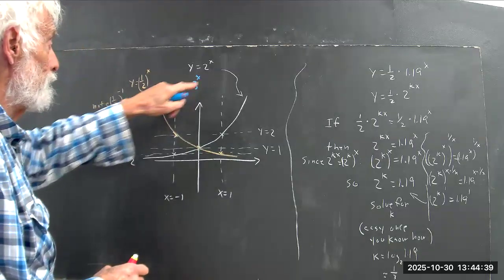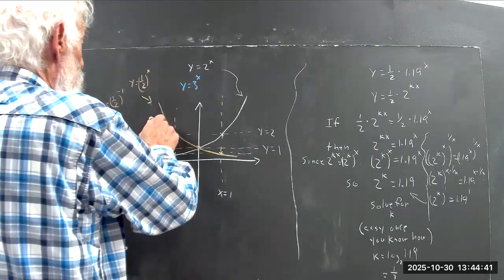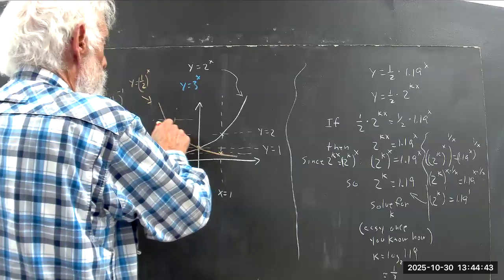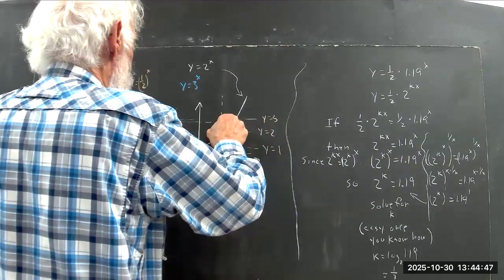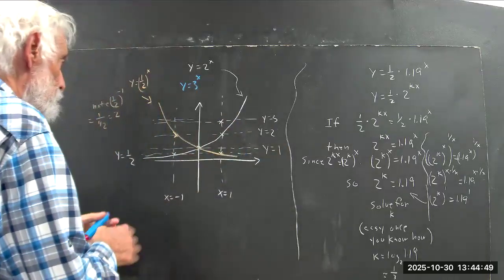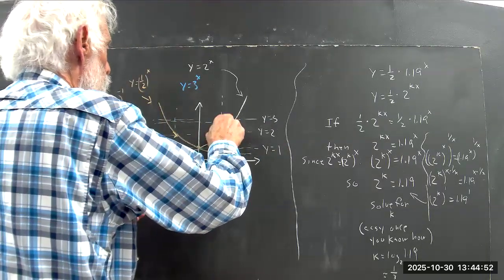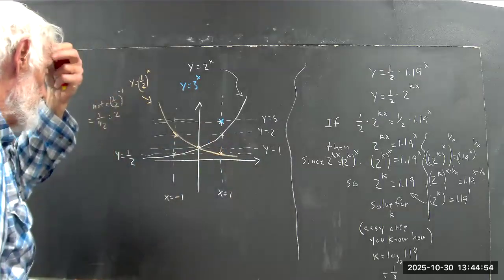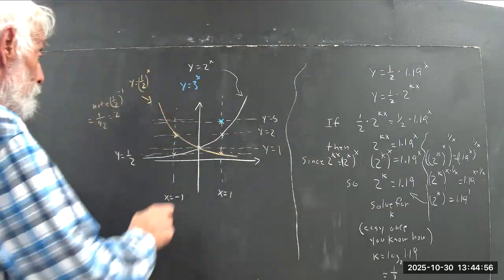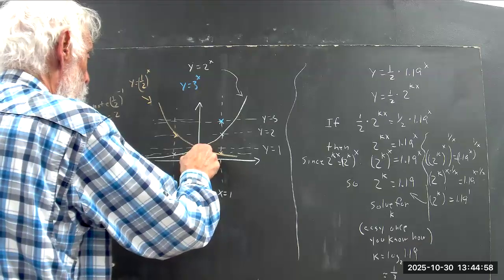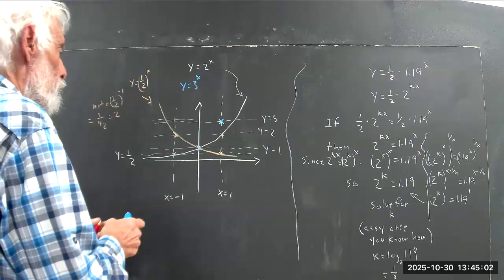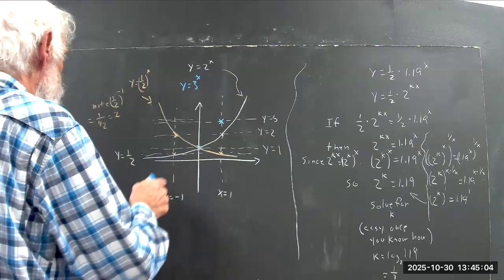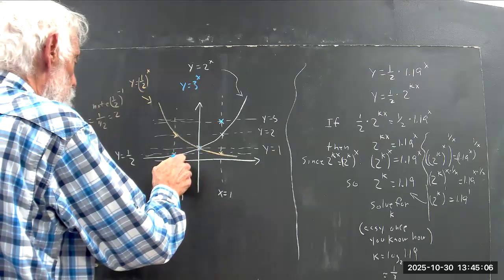If x is 1, then 3 to the x is 3. If x is 0, y is 1. And if x is -1, y is 1/3, which is just a little less than 1/2.